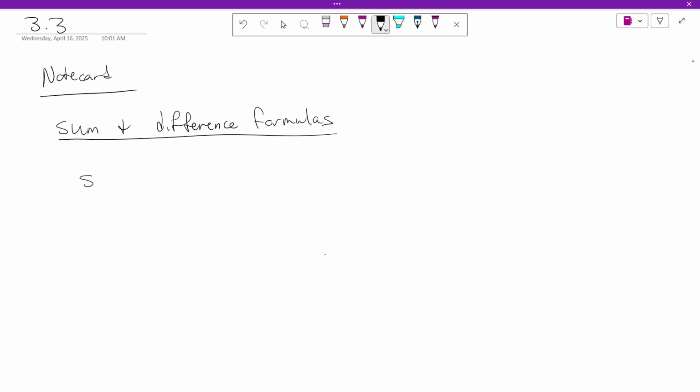So if we have sine of A plus B, it will be, and I want to make sure I get this right. I don't want to tell you wrong. I'm sure it's sine, cosine, cosine, sine.